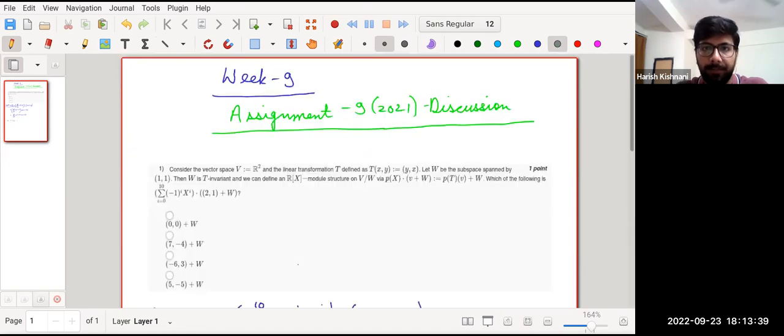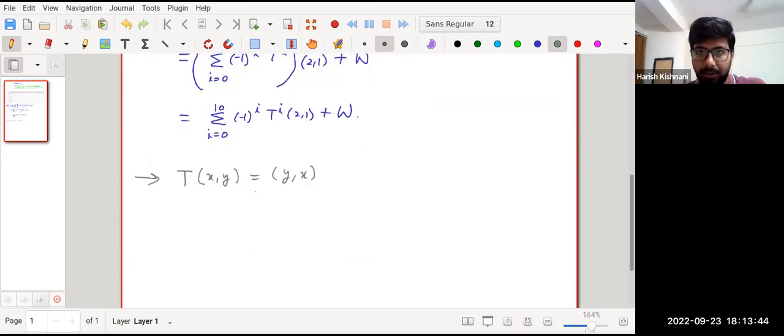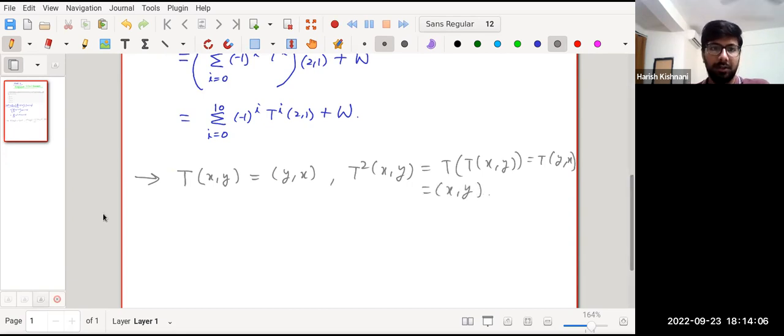Now, if you apply T one more time, that is T squared of (x, y), it will just give you T of (y, x), that is (x, y), so you will get your element back.